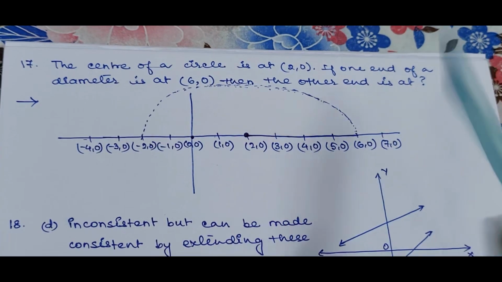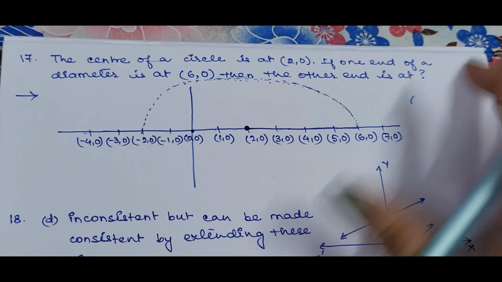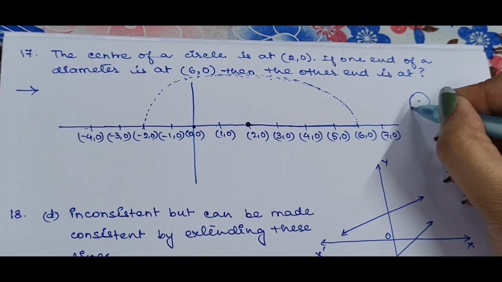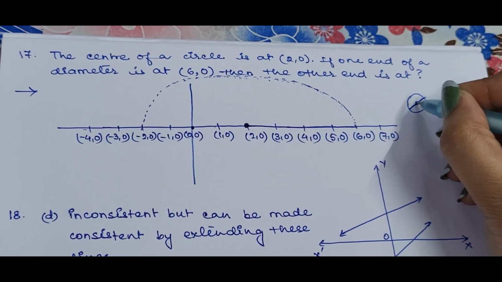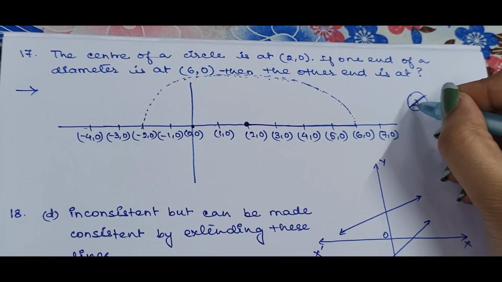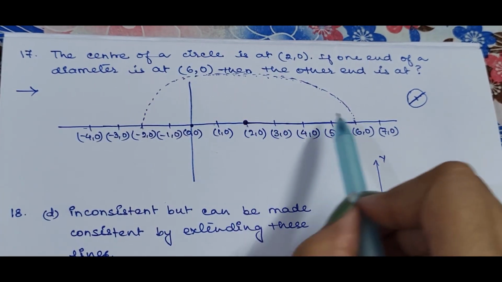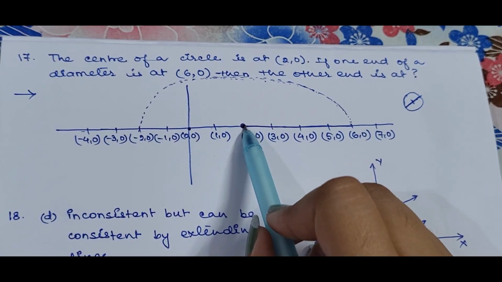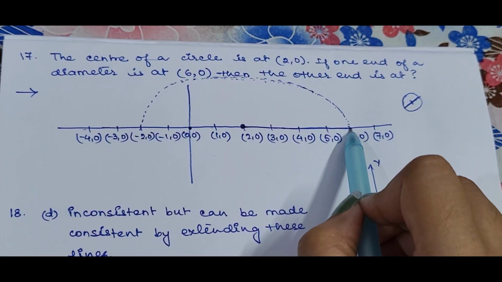Now, we know that if this is a circle, I have a circle like this. And this is the center and this is the diameter. So, the center is actually dividing the diameter into two equal halves. So, from the center, I am going 4 units to the right for one end of the diameter.